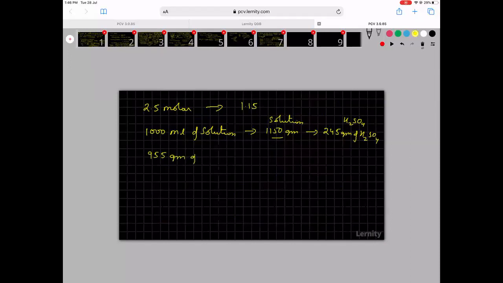So in 955 grams of H2O, I have 245 grams of H2SO4, which is nothing but 2.5 moles. So in 1 gram, I'll have 2.5 by 955, in 1000 grams into 1000. So this will be a little more than 2.5, maybe some 2.7. Okay, is this understood now? So it is 2.7 molal.